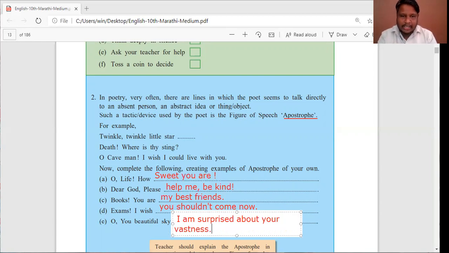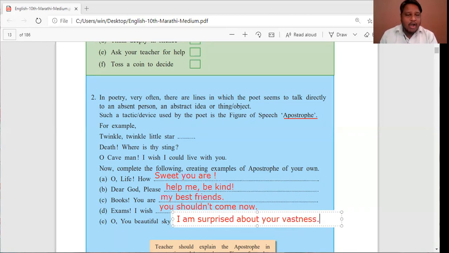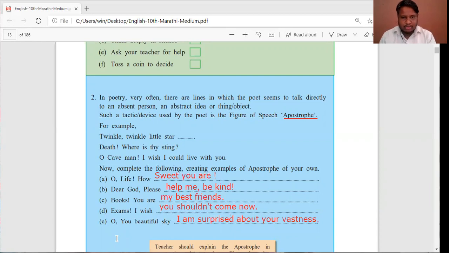In this way we can complete this sentence. Now these are all examples of the apostrophe figure of speech. In this way we can complete these lines.